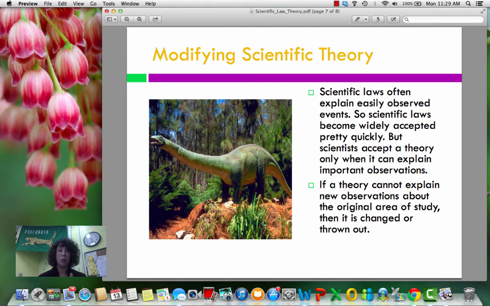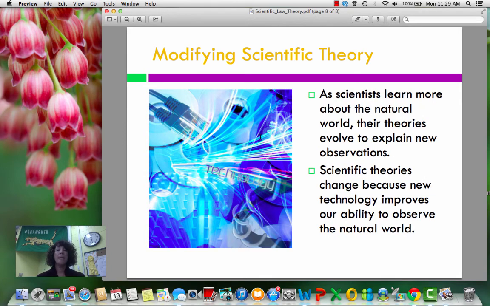And of course, we've looked at several of those so far. And as scientists learn more about the natural world, those theories can evolve and explain new observations. Those theories can change because new technologies, of course, help us observe the natural world.